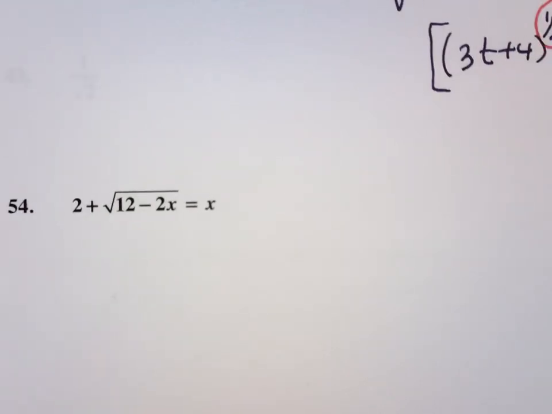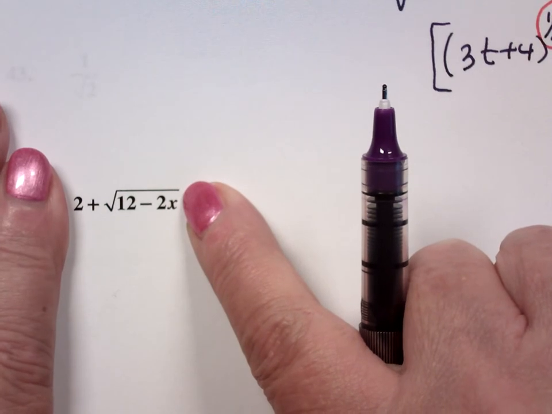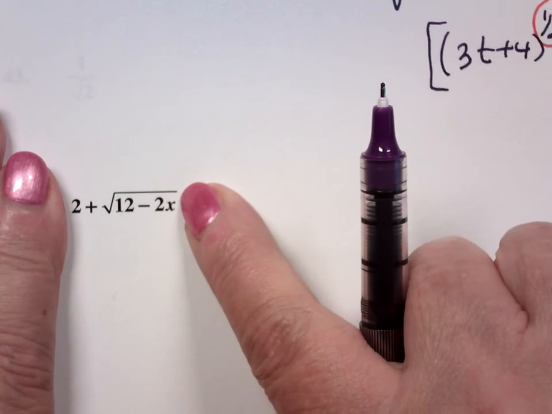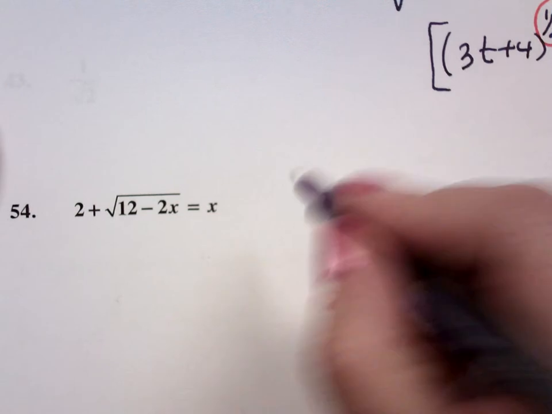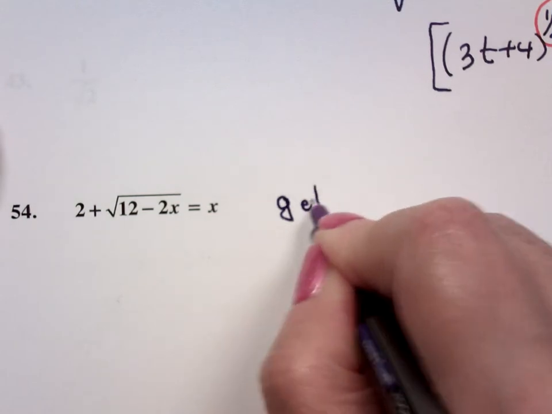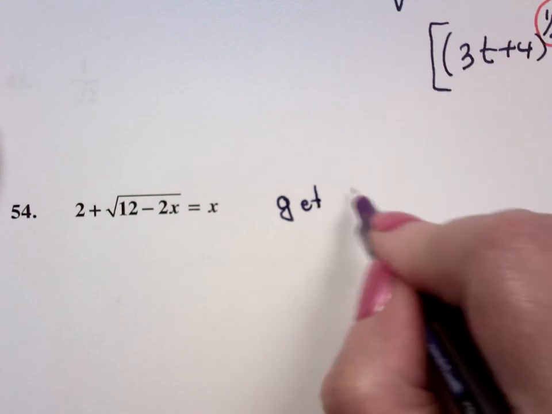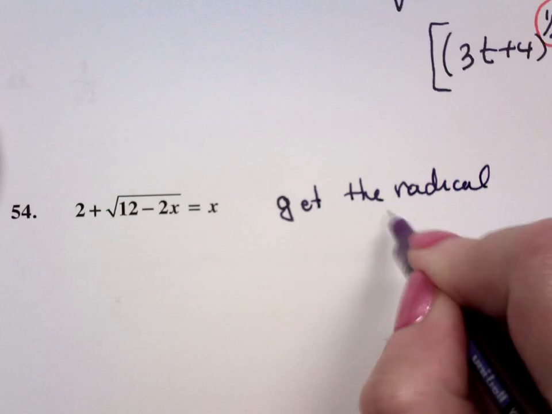Now, this one's a little different in that I can't square him as he stands. This is more than one term, and more than one term means he's got an inner-outer product. So the first step to doing a problem like this is to isolate the radical, or get the radical alone.